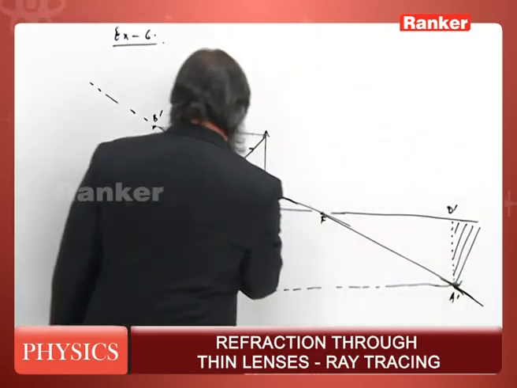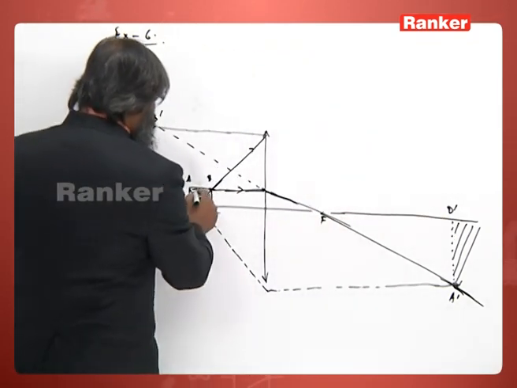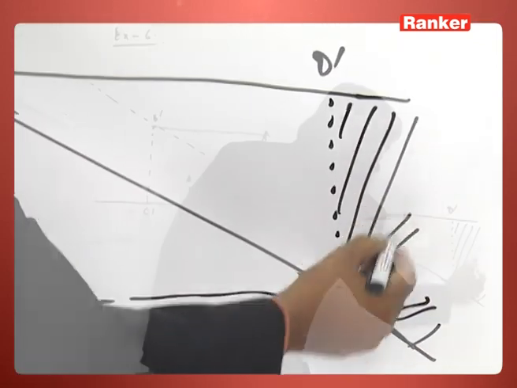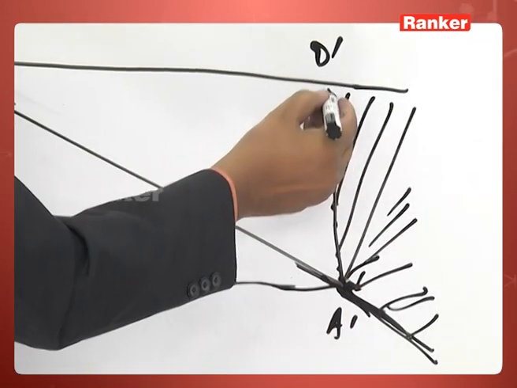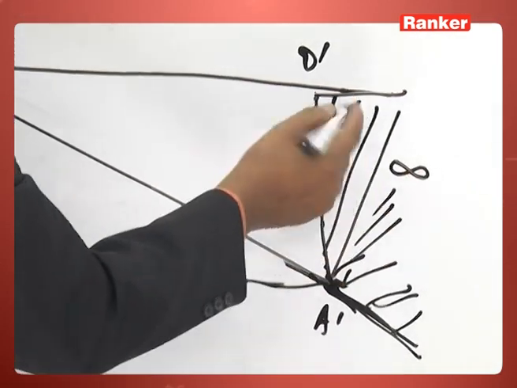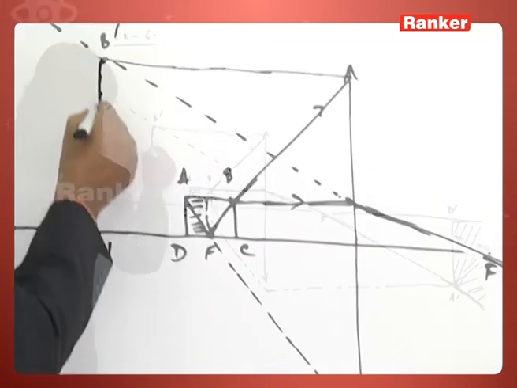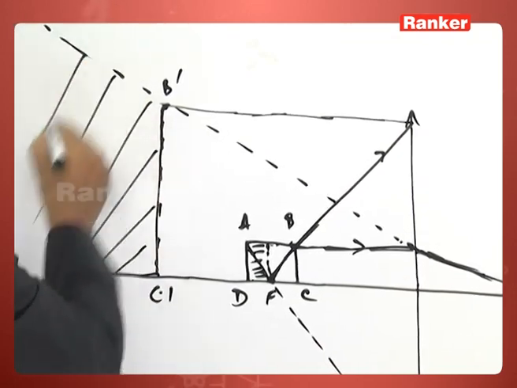This is A dash, D dash, and this is B dash. So this part will have an image plane like this. So the image will be this trapezium extending to infinity, and this half, which I am not shading, will start from B dash C dash and then you see the shaded portion.